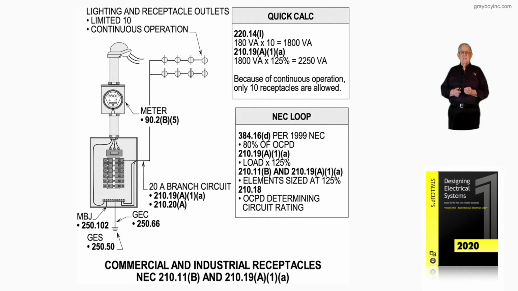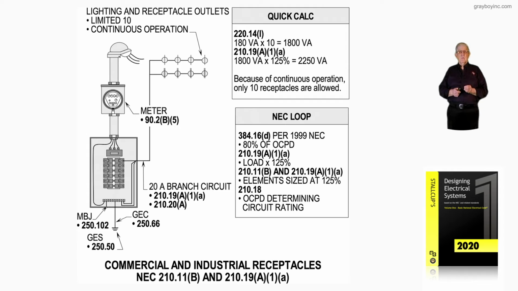Now, if we notice in the NEC loop, as we review it, 384-16(D) per the 1999 NEC gave an 80% rule. It basically said continuous loading of overcurrent devices that supplied lights and receptacles and so forth: if you had a 20 amp device, you take 80% of it, that'd be 16 amps. But the 80% rule was causing circuits to be oversized.